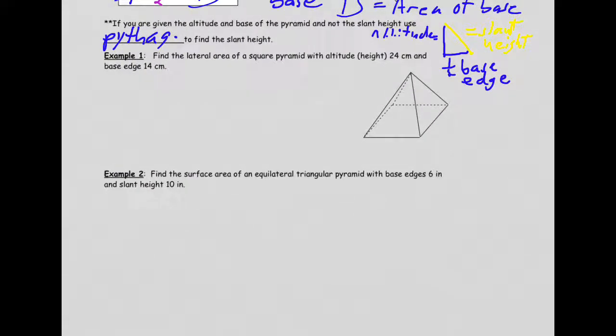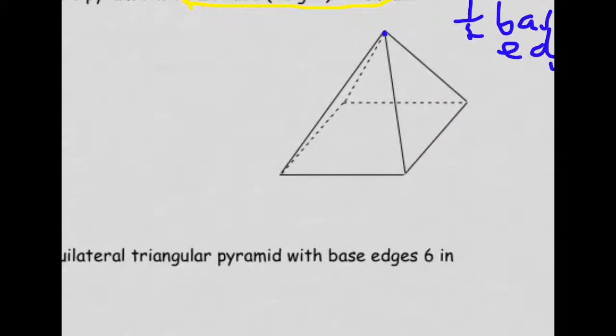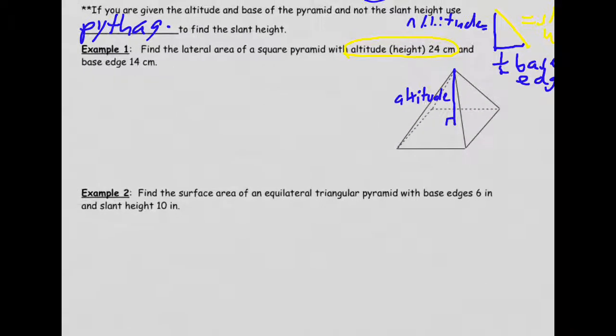Let's talk about how you can find the slant height if they don't give it to you. So with example number 1, they give you the altitude, which is that right there, and then they give you the base edge.